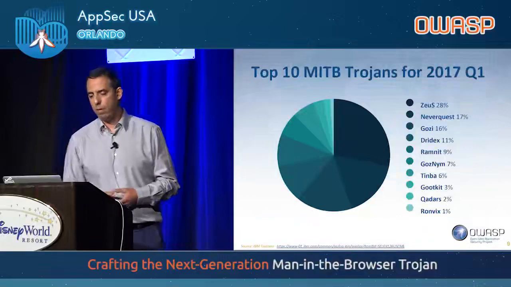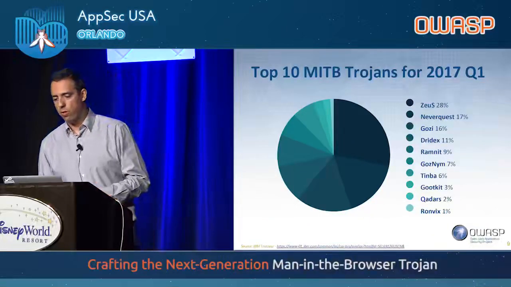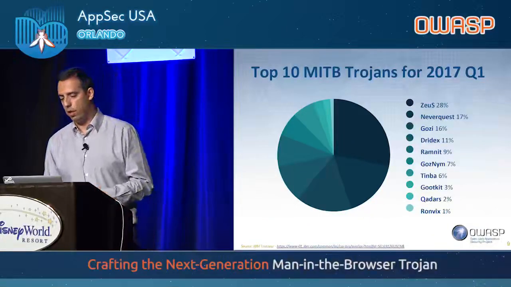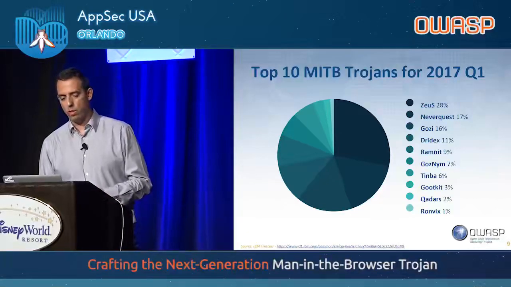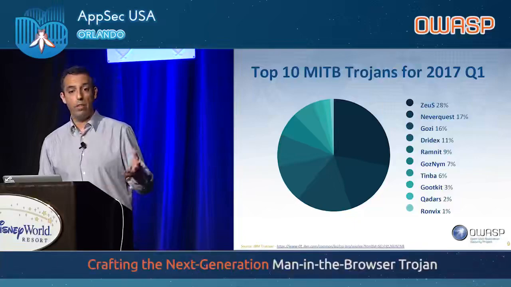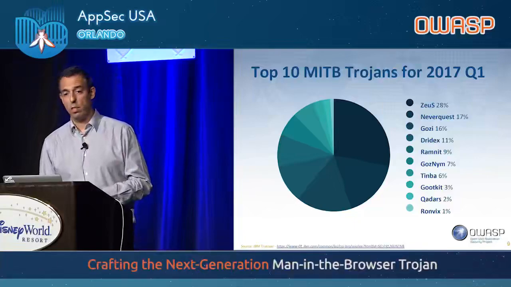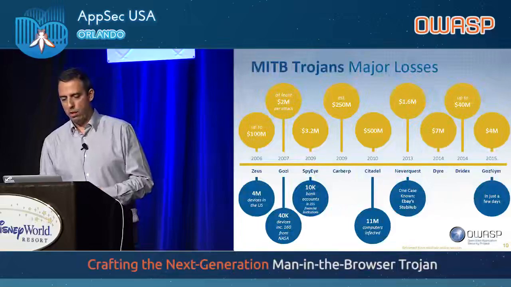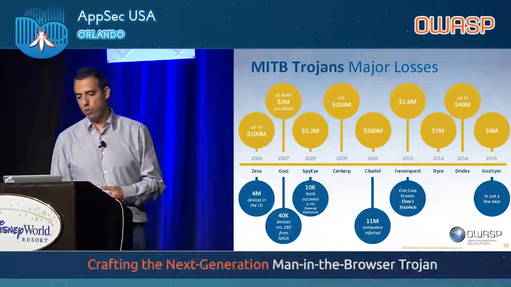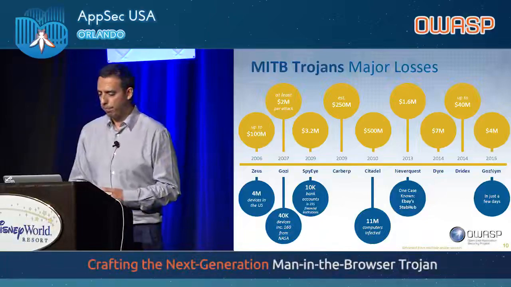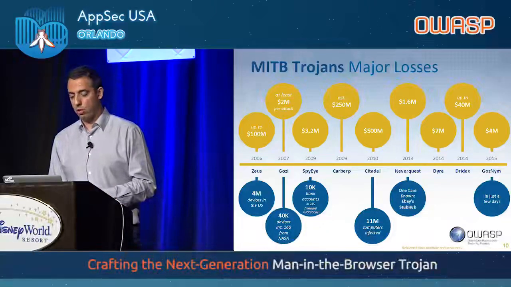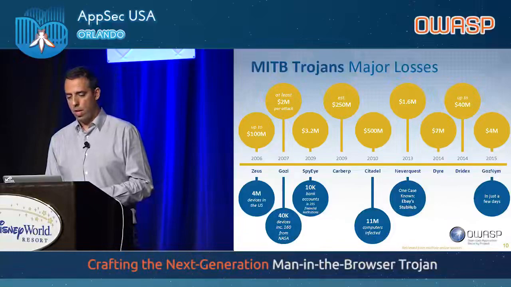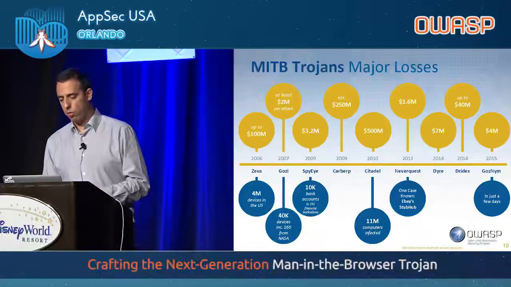Here you can see the top 10 man-in-the-browser Trojans for the first quarter of 2017, according to research from IBM. So the top 3 are Zeus and 2 variants, NeverQuest and Gozi. These Trojans are responsible for a lot of financial losses and infecting thousands of users.